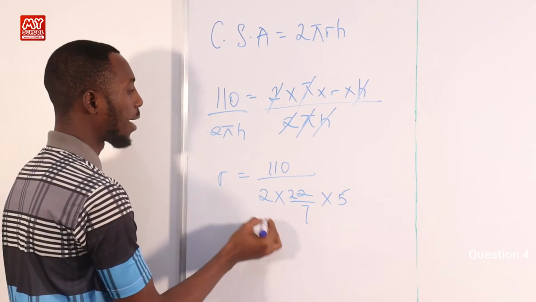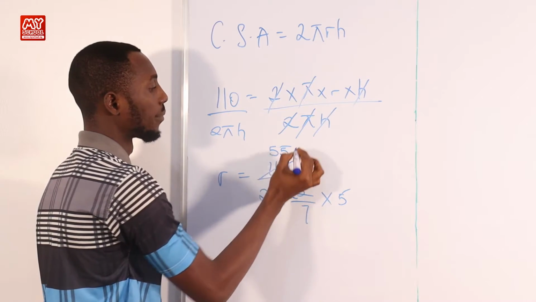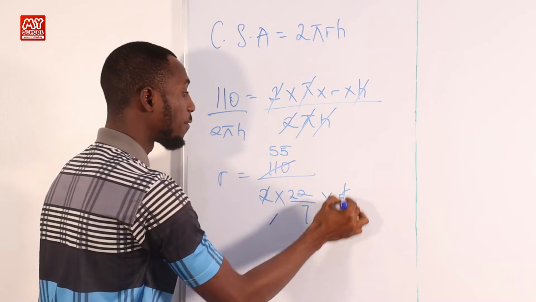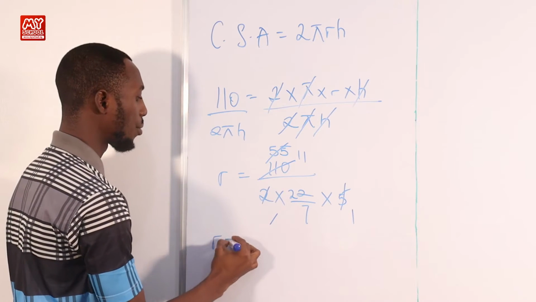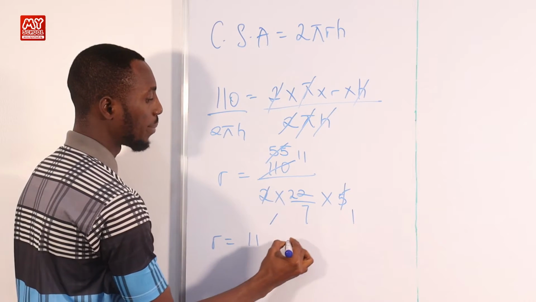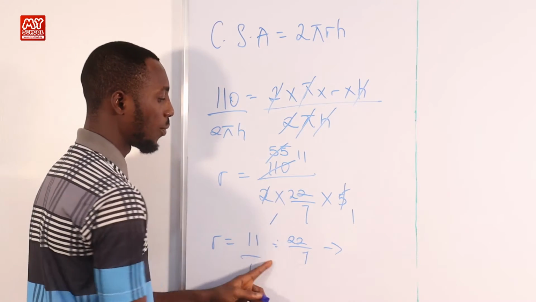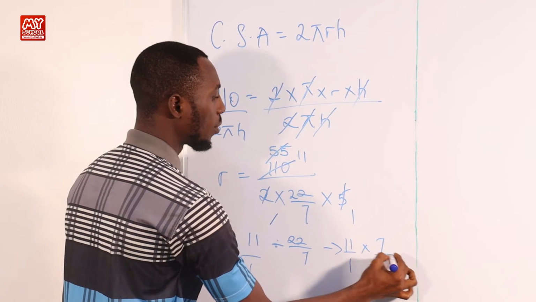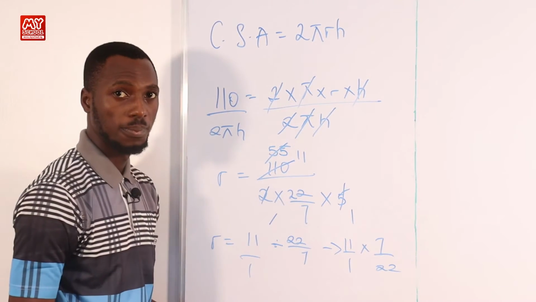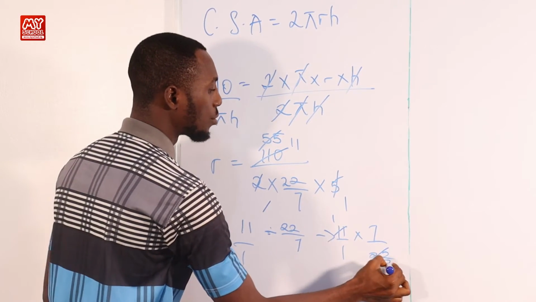So we can have 2 into 10, 2 into 55. All right, so we have 5 into 5, 5 into 55, 11. So we have r equals 11 divided by 22 over 7. You can say 11 over 1. Then when this becomes times, we have 11 over 1 times 7 over 22. Very well. So we'd have 11 into 11 is 1, 11 into 22 is 2.